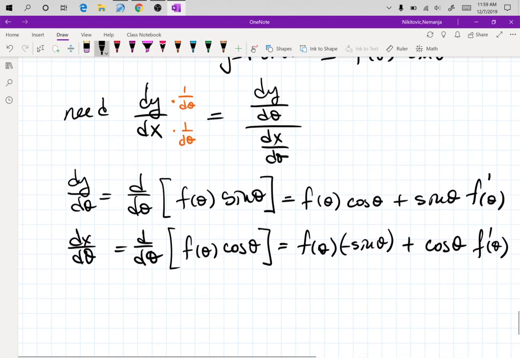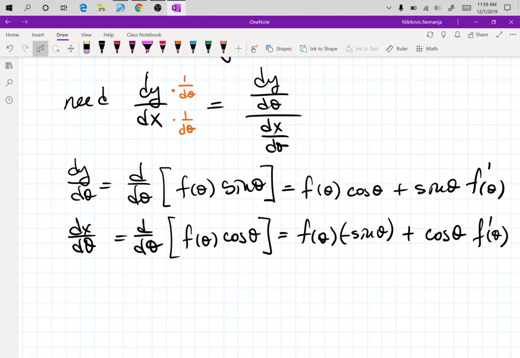So now, for my dy dx, I just need to divide these two. Dy dx is equal to, and now I'm going to just divide, but first I'm going to notice that there is a minus sign here, so I just want to write my derivatives first.